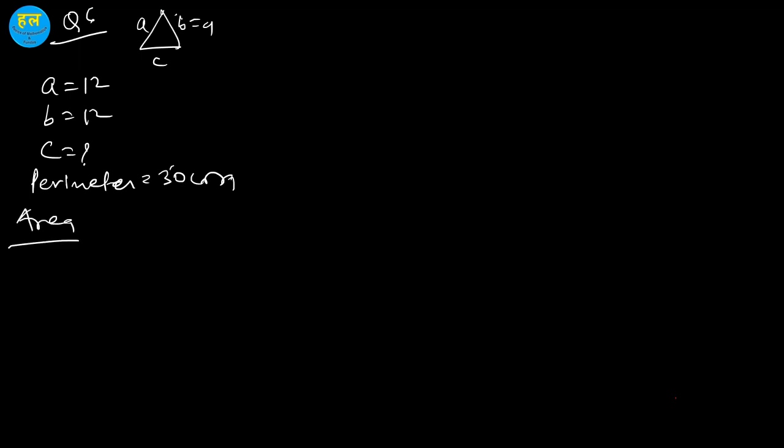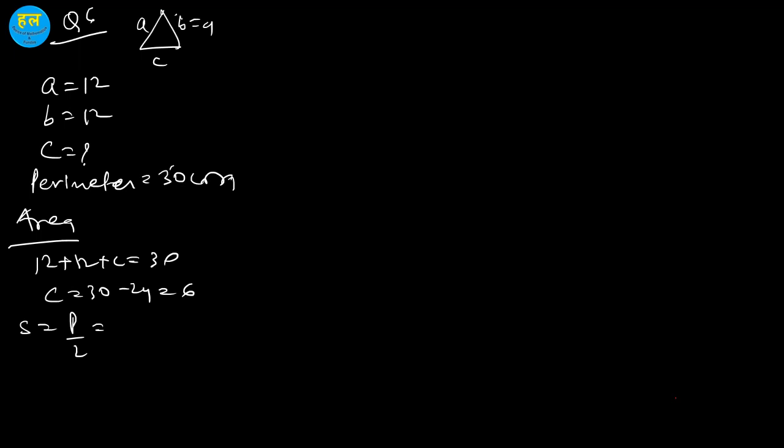Again, the sum of all the three sides is the perimeter. That means 12 plus 12 plus C is equal to 30. So C is equal to 30 minus 24 is 6. So the third side is 6. Now what we have to find? We have to find S, which is P by 2.